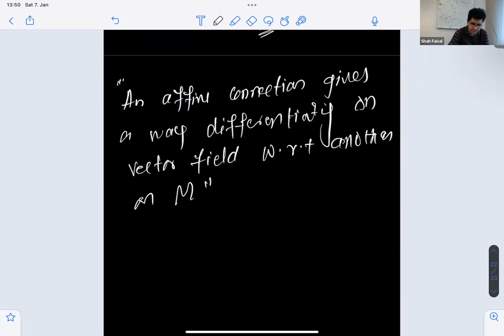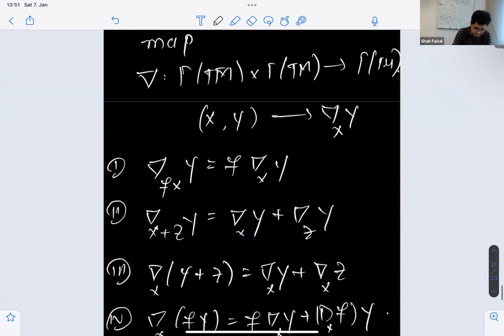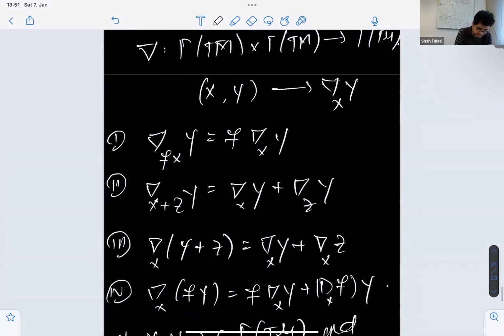So now let me give you a simple example. Take M to be the Euclidean space. By the way, this map is linear.